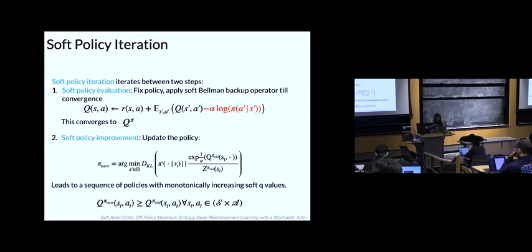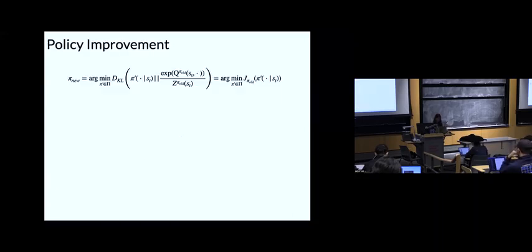And you can show, and this is in the next two slides, that the same way you can prove that policy iteration lands in a better policy, and the values of all states are higher than for the previous policy, the same way the Q soft of the new policy is higher than the Q soft of the previous policy. In the same way, you can show it here.